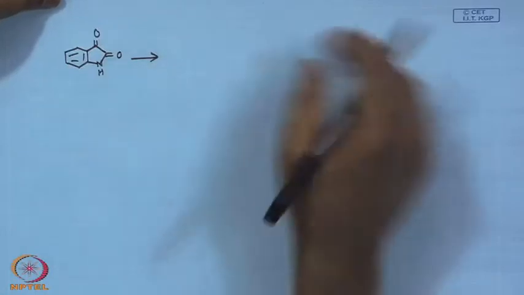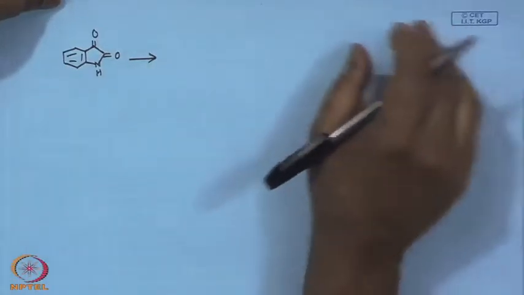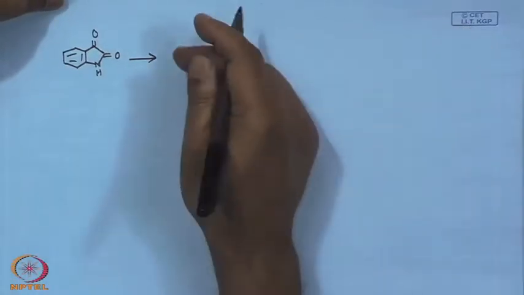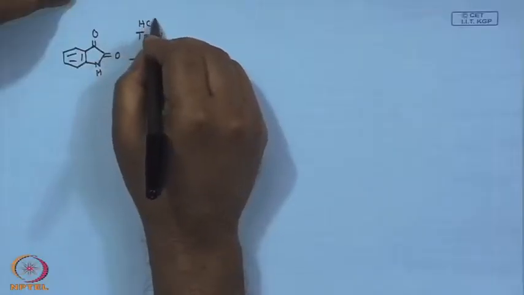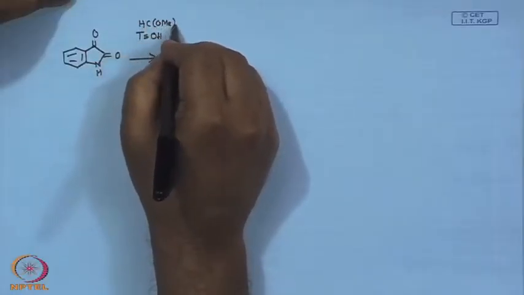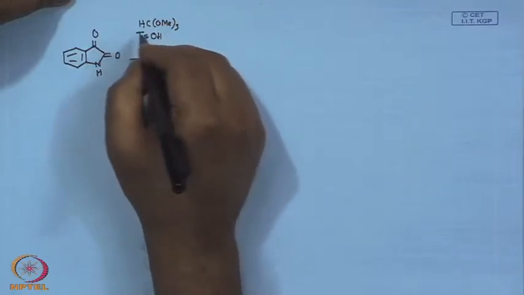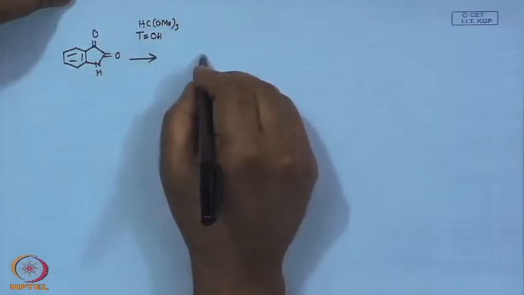There are so many multi-purpose uses of isatins, and in one of the classes we talked about how it is used in the synthesis of quinoline. In this case, if you treat with paratoluenesulfonic acid and methyl formate, I think all of us know what the answer is.